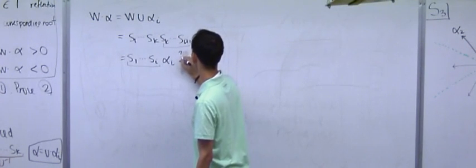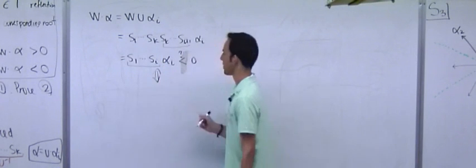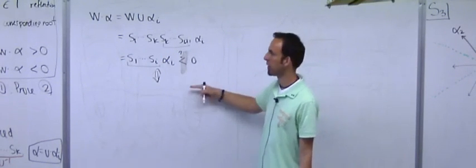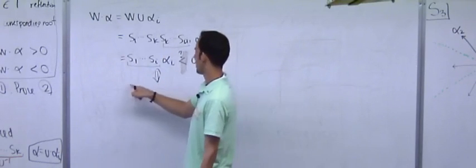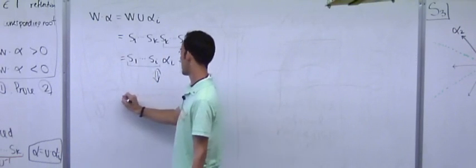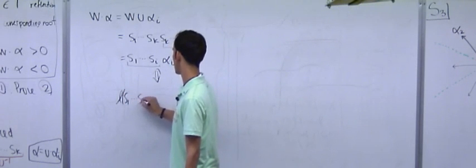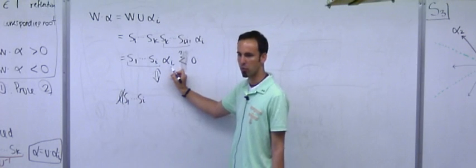If I wanted to prove that this is less than 0, then this is a geometric statement that has an algebraic counterpart by the previous version of this proposition. It tells me that if I want to check this, then what I need to check is whether the length of S1 up to Si increases or decreases when I multiply by this generator corresponding to alpha I.